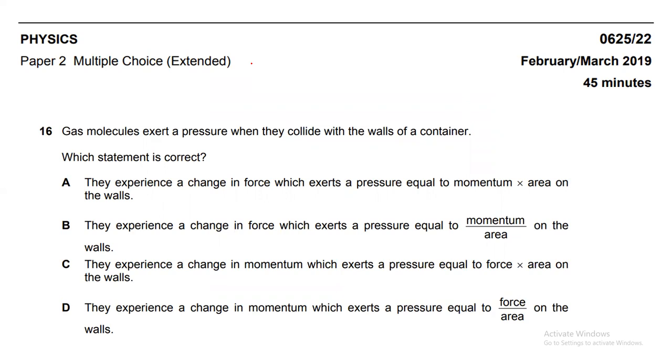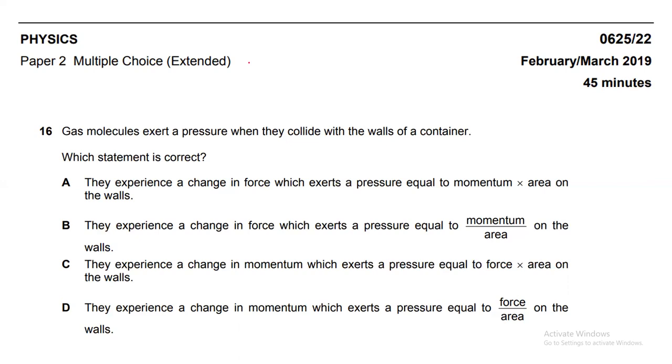B: they experience a change in force which exerts a pressure equal to momentum divided by area on the walls. C: they experience a change in momentum which exerts a pressure equal to force multiplied by area on the walls. D: they experience a change in momentum which exerts a pressure equal to force divided by area on the walls.